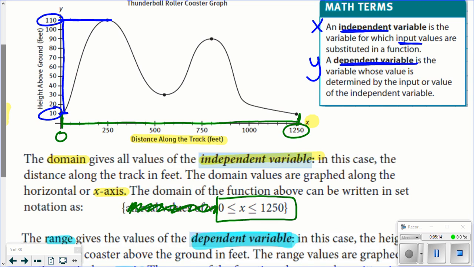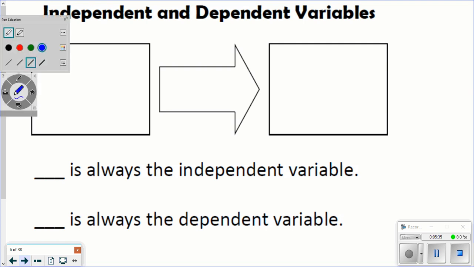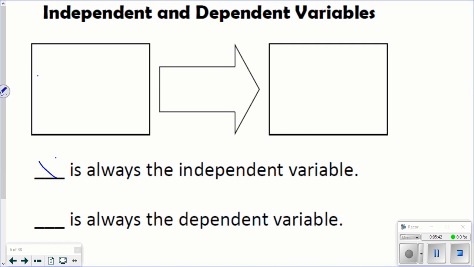And if you were in class, I would give you a little sheet that looks like this. But since you're not, find a scrap piece of paper and you can write this down. And remember, the more notes or the better notes that you take, you can use them to help you on a quiz or a test. All right. X is always our independent variable.